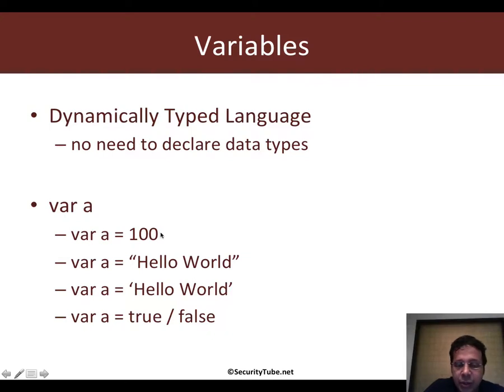So var a equals 100 would mean a is a number. Var a equals hello world, either in double quotes or single quotes, would mean a is a string. And var a equals either true or false, please ensure the case is always lowercase, is a Boolean value.